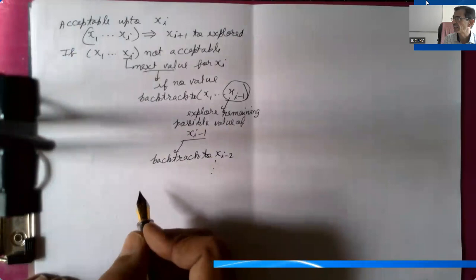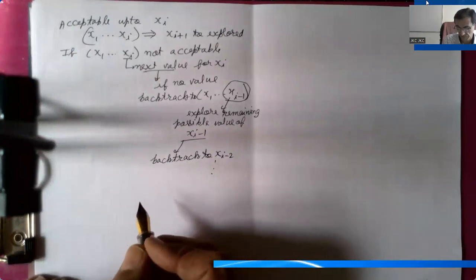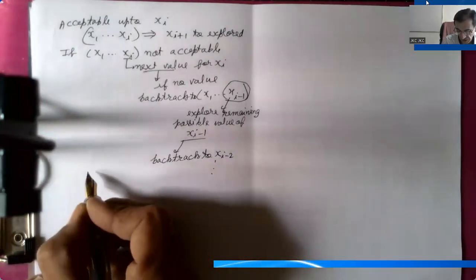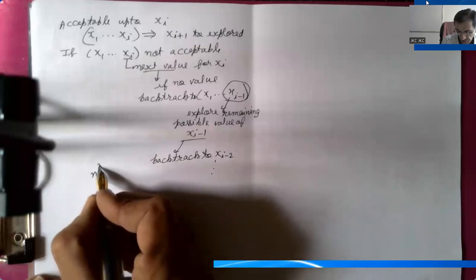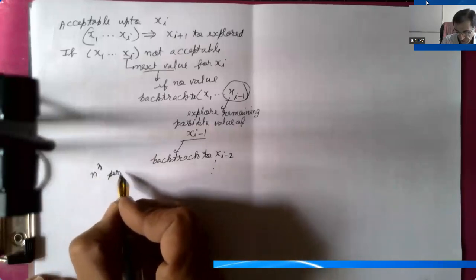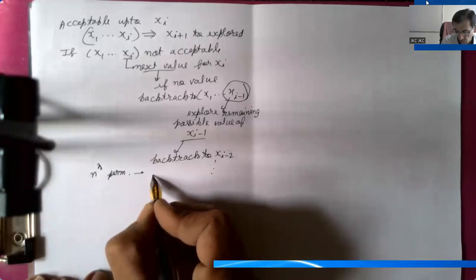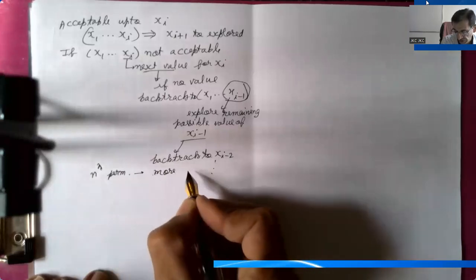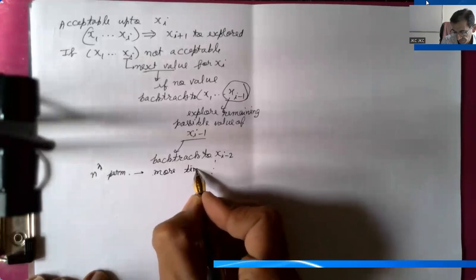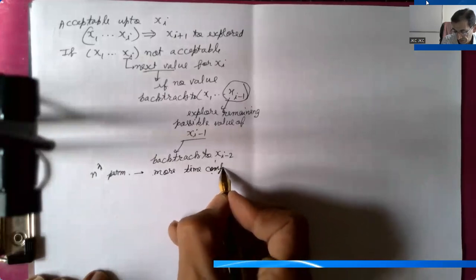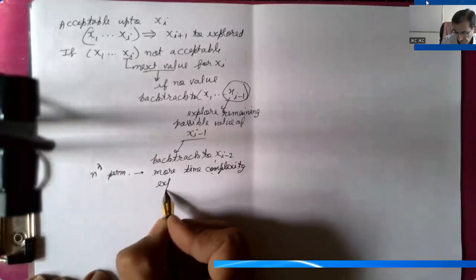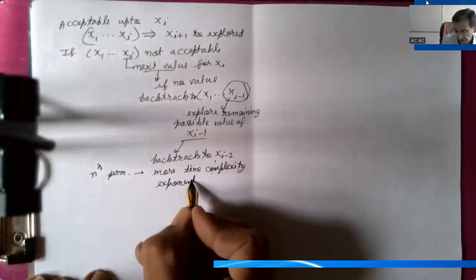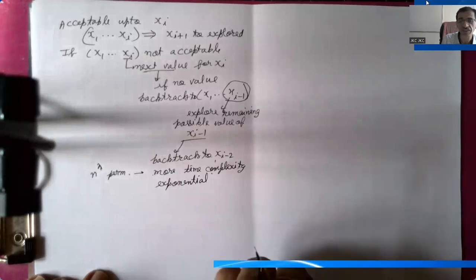Having said that, this becomes the simplest way. Of course, all n raised to n permutations can be explored. Obviously, that will mean exponential time complexity, but we don't have a choice. Exponential has to be done because we need all the permutations.